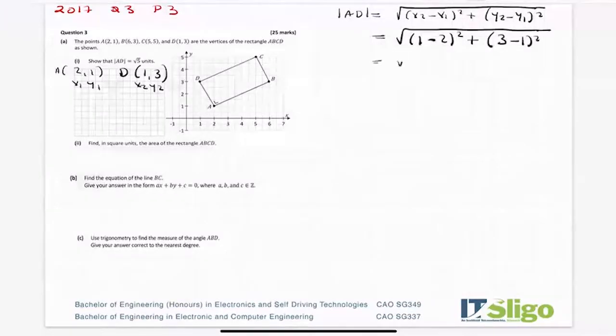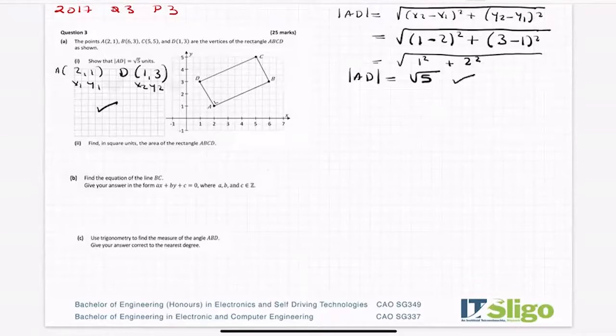Like I was saying, you can put it all into the calculator in one go, or do it yourself separately. Either way, you should get root 5 for your answer. That's you showing that the length of AD is equal to root 5.